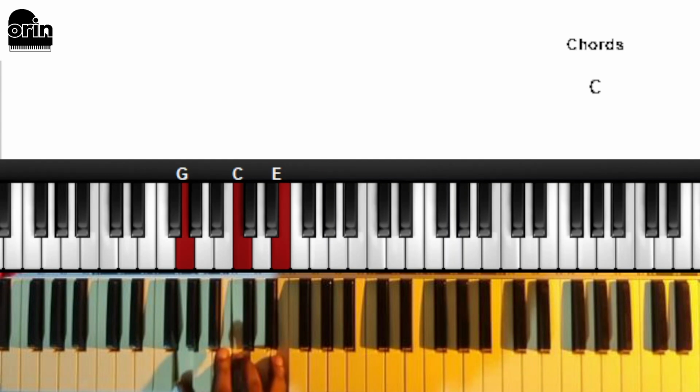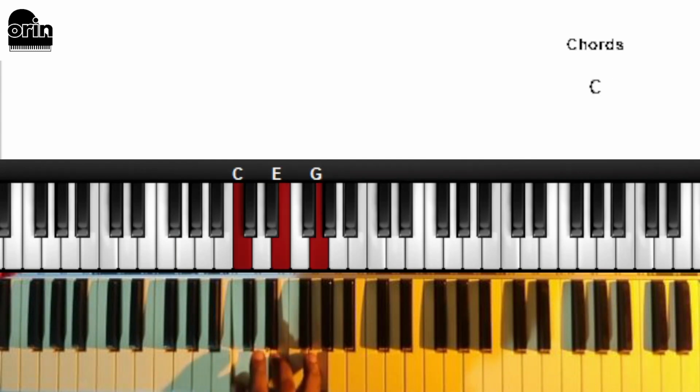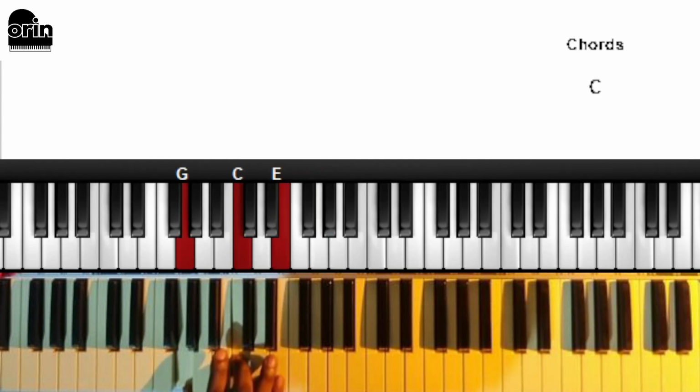So now mi. I'm using this. This is so mi. It's the same thing. So I'm playing C major, but so is the highest. So I'm using so mi. Mi is highest here, and it's still C major.